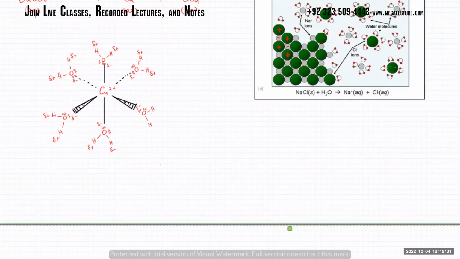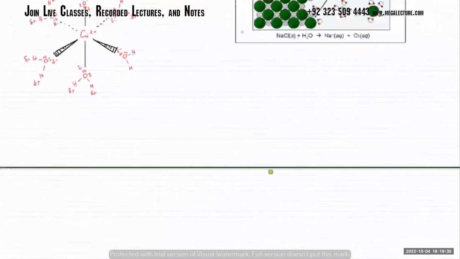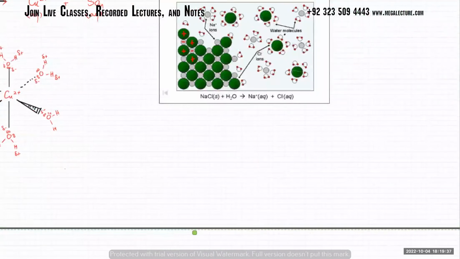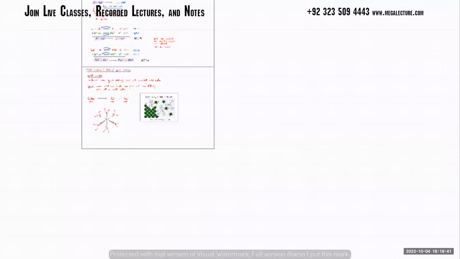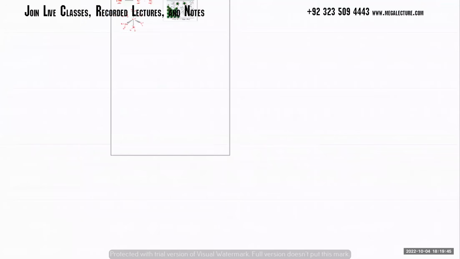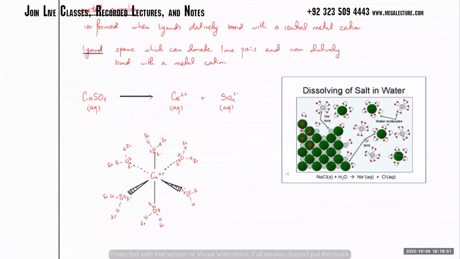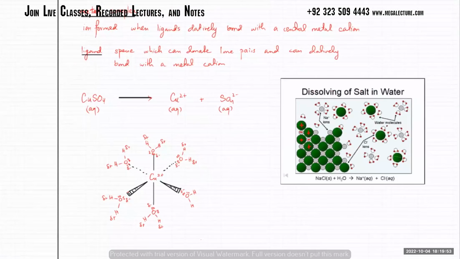So that's what your complex is. This is what I stated over here, which is it's an ion that is formed when ligands datively bond with a central metal cation.